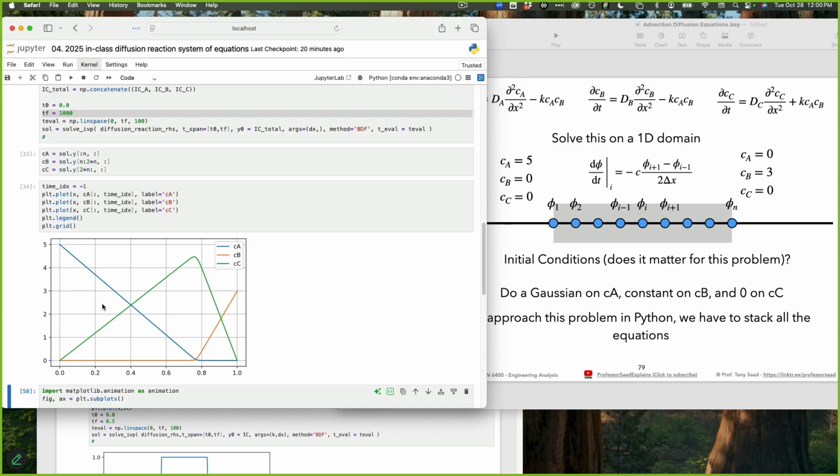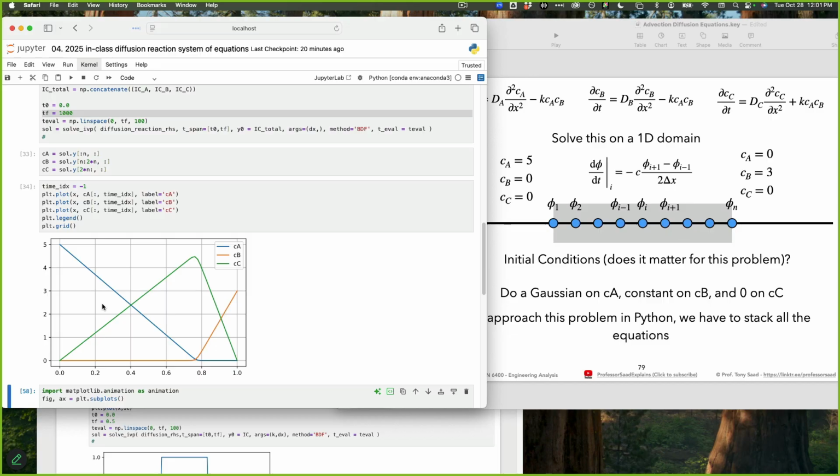So it will converge to a steady state, and that should be exactly the same answer as the steady state system if we were to solve the steady state system. And that's why the initial conditions didn't matter. Because for the steady state system, there's no initial conditions, it's only boundary conditions.